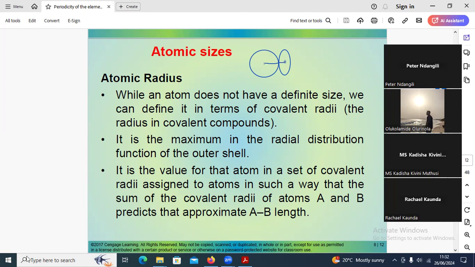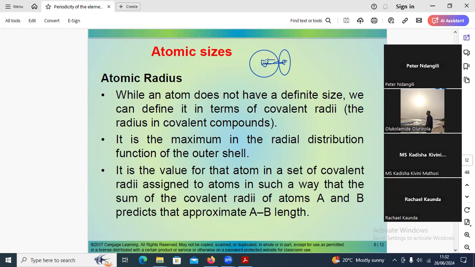Now, what you'd expect here is this, that if you are talking about atoms of the same element, this one and this one would actually give you an impression that the distance from here to here is equal to the distance from here to here.